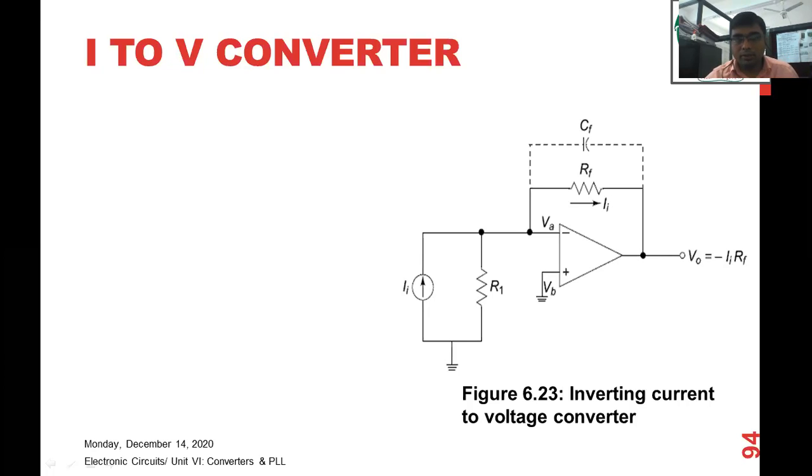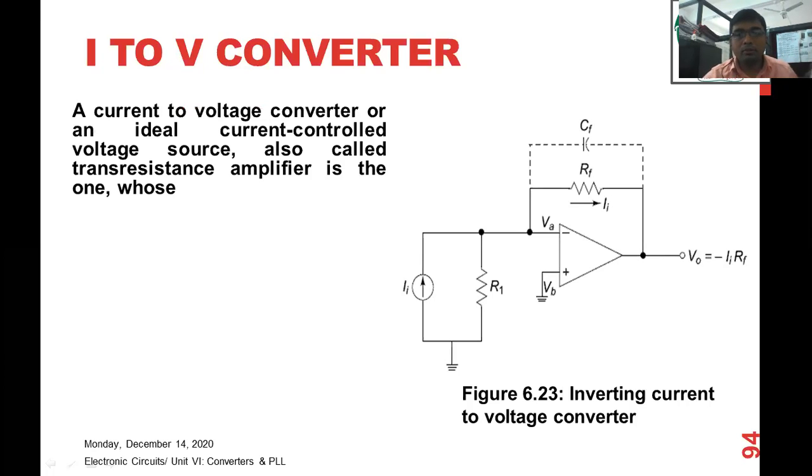So the first configuration, please note down the diagram. This is the inverting current to voltage converter. So a current to voltage converter, or an ideal current controlled voltage source, is also called a trans resistance amplifier.